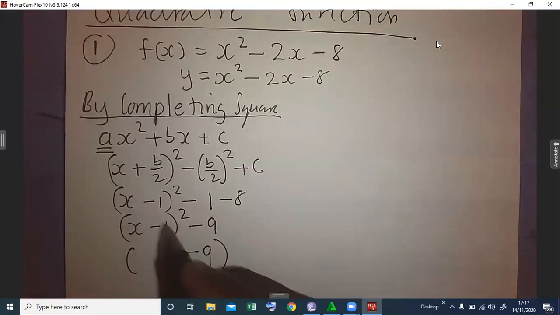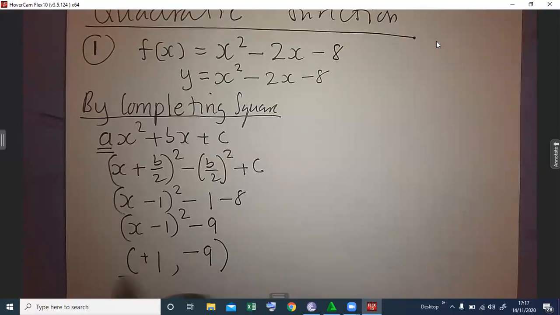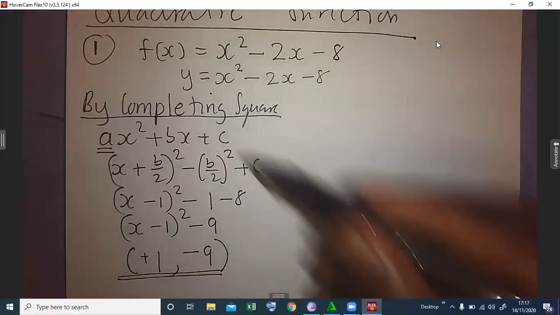So if I have minus 1, then my turning point will be positive 1. Because if I keep here positive 1, minus 1, I'll get 0. So as simple as that, I take the opposite sign of this number, and this is my turning point using completing the square.